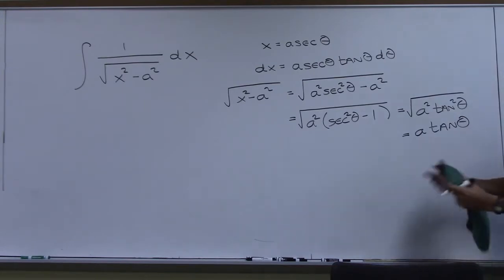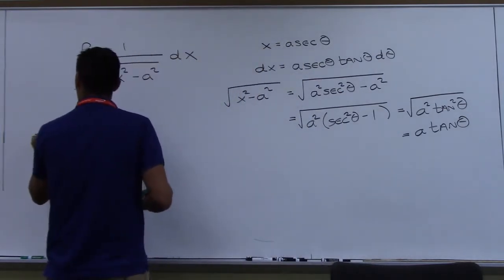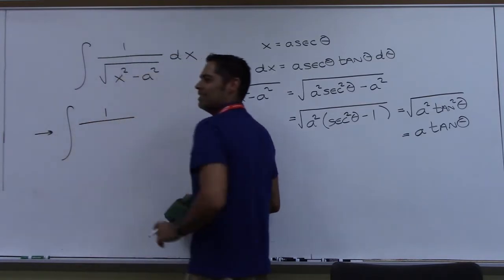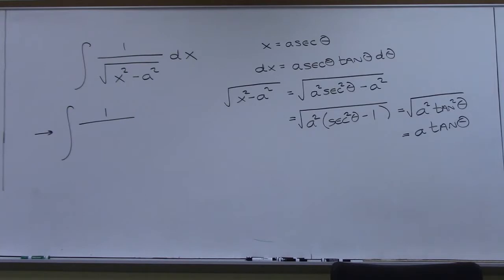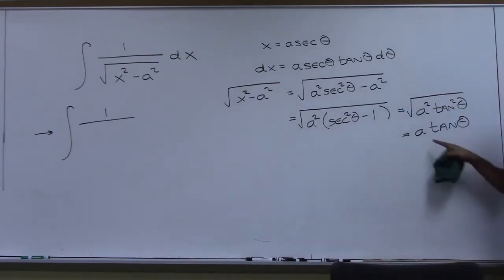Moving up to the birthday table. Since it's your birthday, Chris, you want to rewrite that? Tell me how to rewrite that. A tan theta on the bottom, right? Yes.